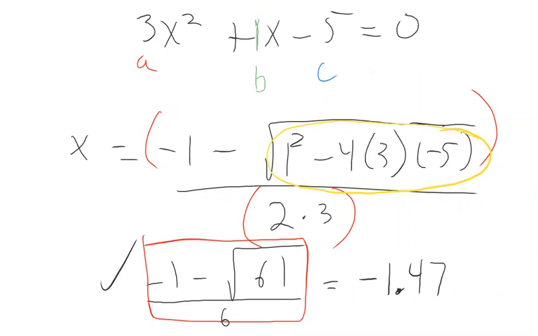All right, let's do another. Let's see, what if I have x squared minus 14x plus 49 equals 0.